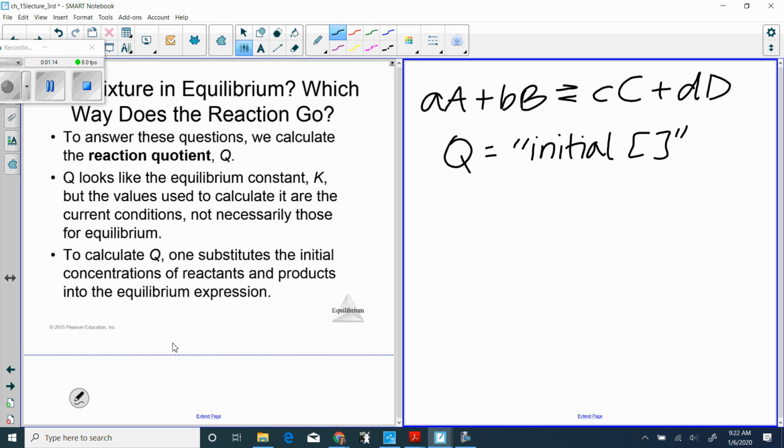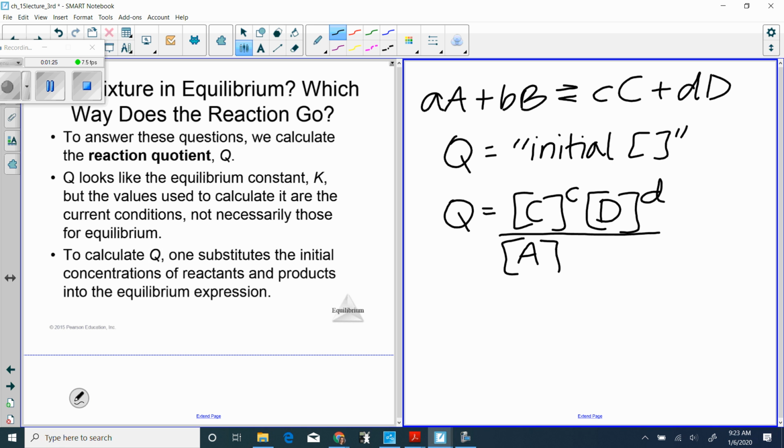The equation for Q is the exact same equation as K. We take our products over our reactants, our coefficients become our exponents. But instead of putting in equilibrium concentrations, we put our initial concentrations into it. And it's going to tell us which ones get the plus x's and which ones get the minus x's.